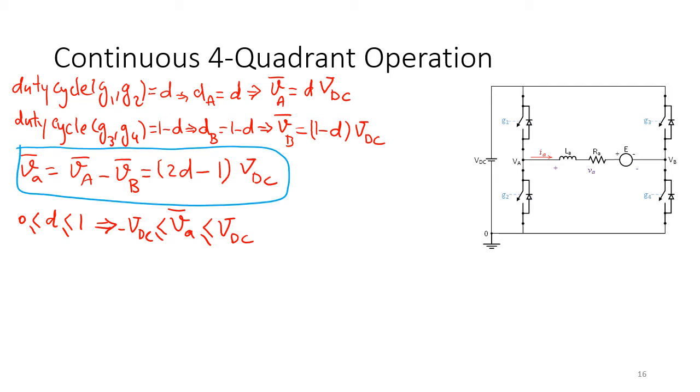It's a continuous PWM at both legs, just with changing the duty cycle. You change the duty cycle between 0 and 1, and your voltage can change between minus VDC and VDC. Very same idea. You don't need two very different switching ideas for the legs.